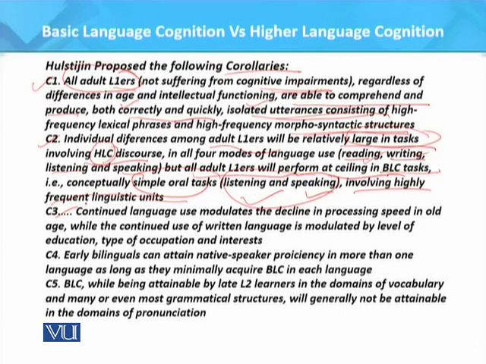The third says continued language use modulates the decline in processing speed in old age, while the continued use of written language is modulated by level of education, type of occupation and interest. Although the speed with which humans can process information increases over time until it reaches a peak around age 22, from the age of 27 on it gradually decreases.